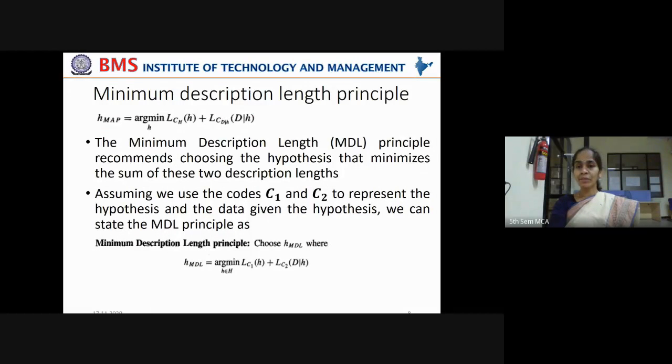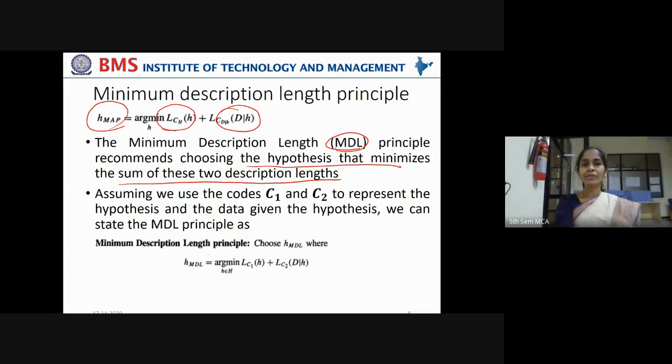The minimum description length or MDL principle recommends choosing the hypothesis, what type of hypothesis? That minimizes the sum of these two description lengths. If it minimizes this term and this term added together, that will give you the maximum a posteriori hypothesis, which has the minimum description length.